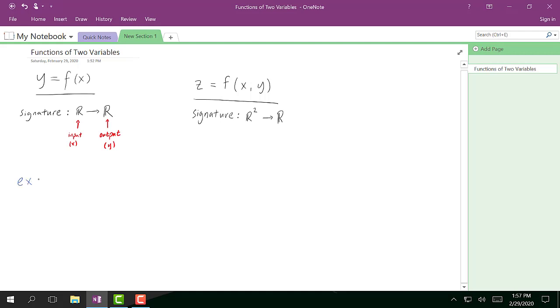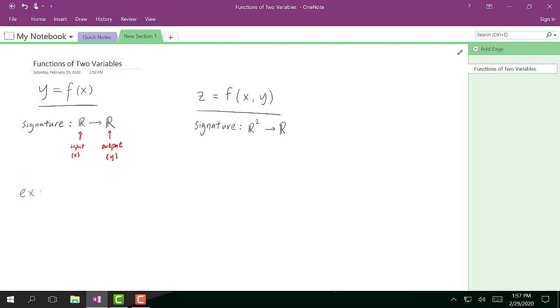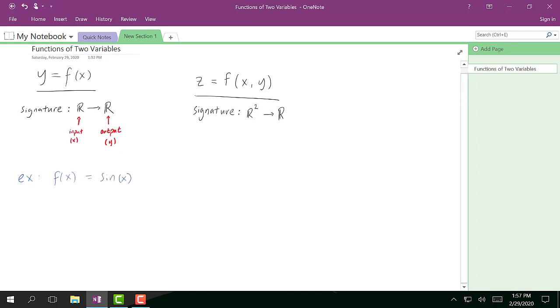And so some examples of each, maybe for a function of one variable, could be something like this. If we look at the function f of x equals sine of x, then what we have here is something that we're used to. We have an input line x and an output line y.